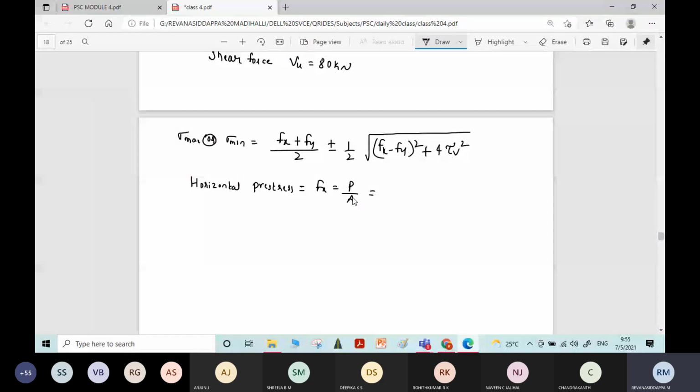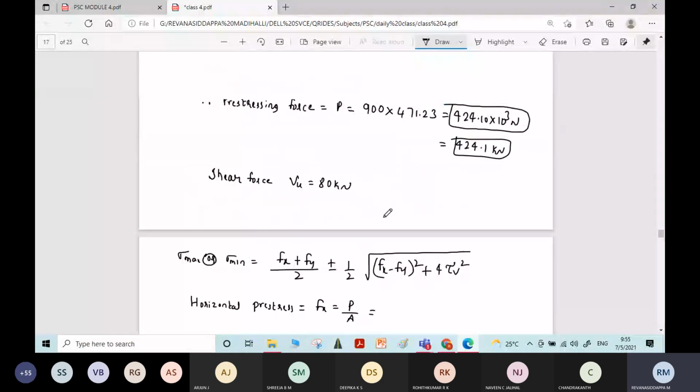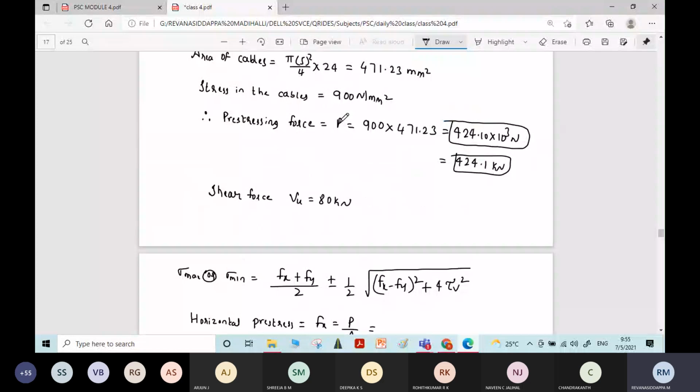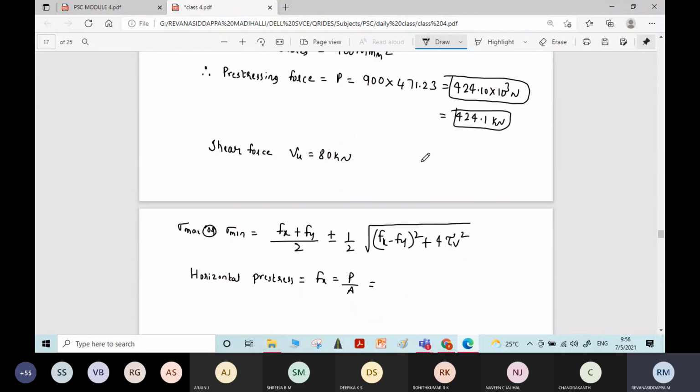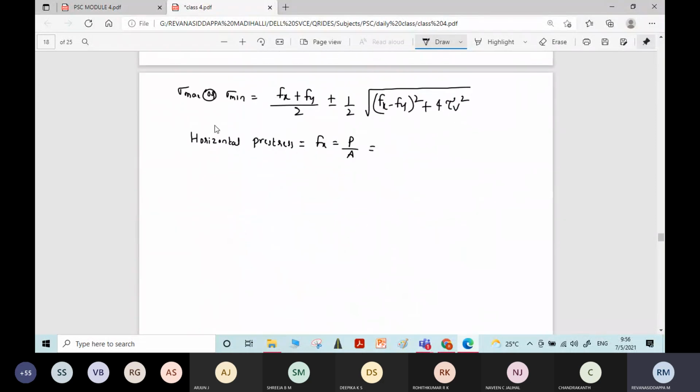To find pre-stressing force, we utilized area of cables. Here, to find horizontal pressure, we need to use area of the section. Pre-stressing force we have already calculated, 424.1 into 10 power 3, divided by area.